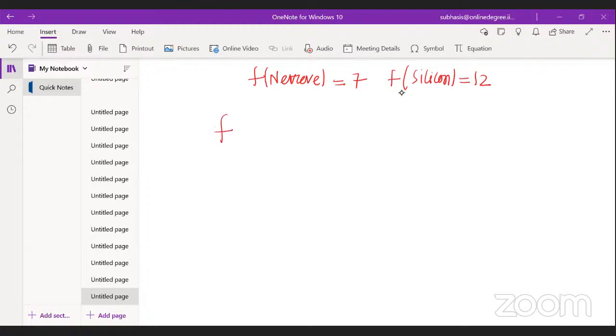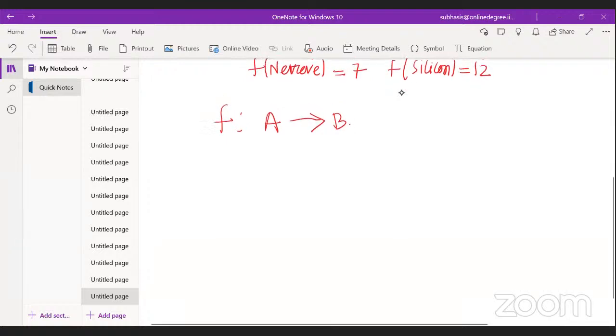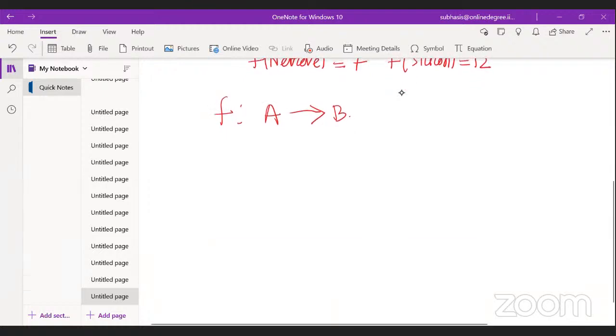Suppose you have a function from A to B. When will you say that this function is 1-1? For every element in A there has to be a unique element in B, mapped to a unique element in B. Then it will be called 1 to 1.